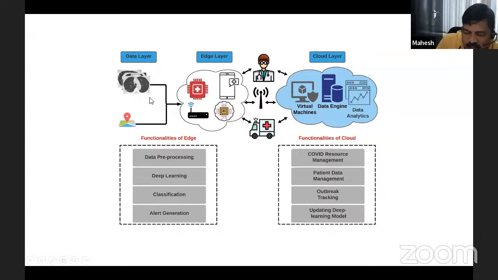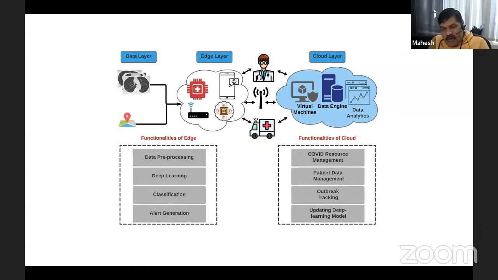If we use a mobile phone, then we can get a GPS location, okay. We can ask the person to upload his CT image on the mobile, and whatever algorithm we have written, we will execute that algorithm on the mobile itself, and we'll detect whether the person has COVID or not.